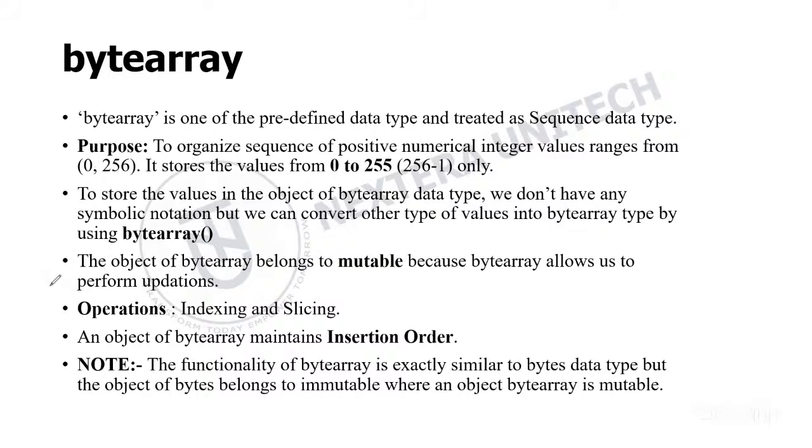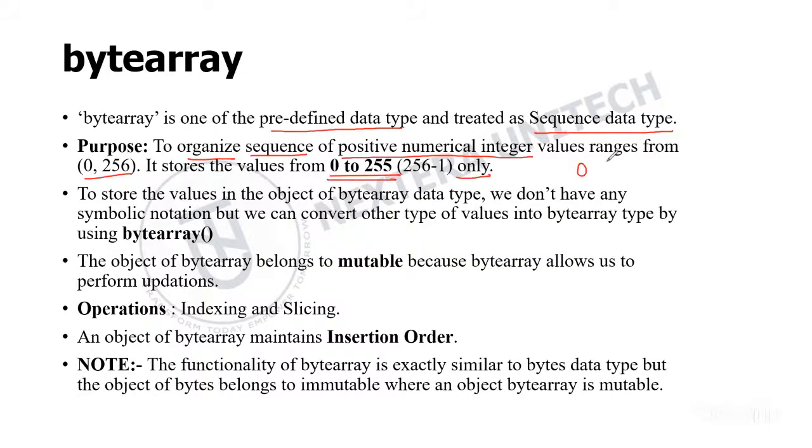So now let's know in depth. Byte array is a predefined data type and this is treated as a sequence data type. The purpose of byte array is similar to bytes, that is to organize a sequence of positive numerical values ranging from 0 to 256, that is 0 to 255 values only.